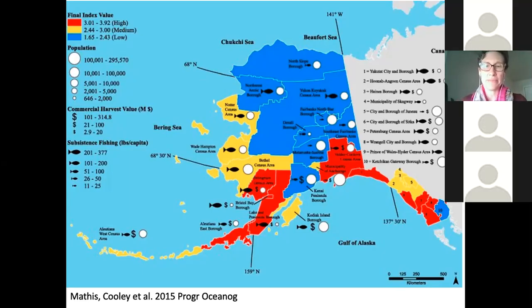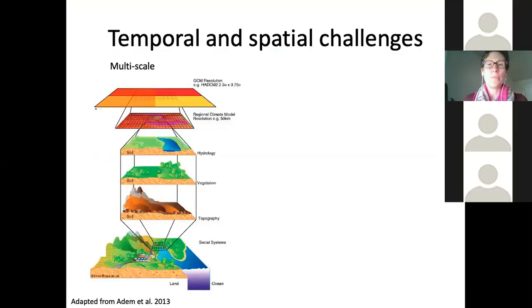Next slide, please. So building an index like we did is very, very difficult. And sometimes it's a terrible idea because of the temporal and spatial challenges associated with the information you're trying to combine. Data gaps are a really big concern. So here in this graphic, I'm trying to show how hazard information is often available at really broad scales, at the top of this graphic.